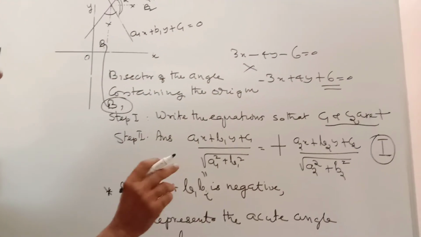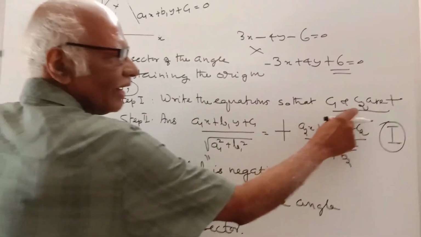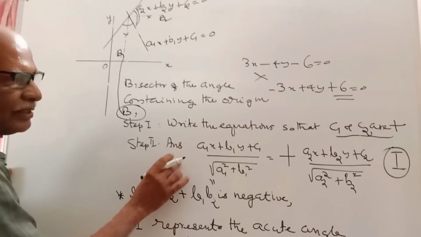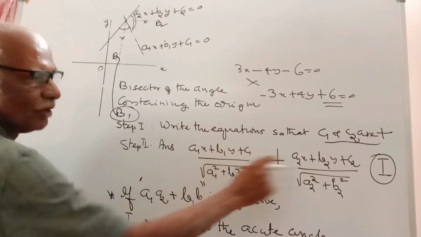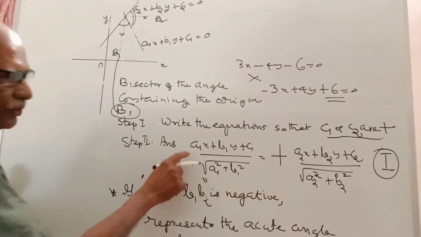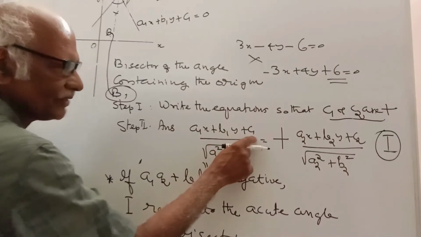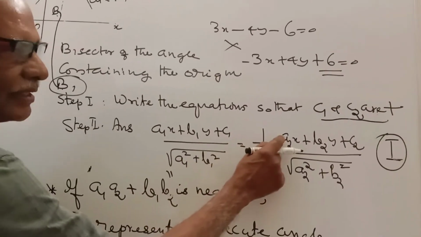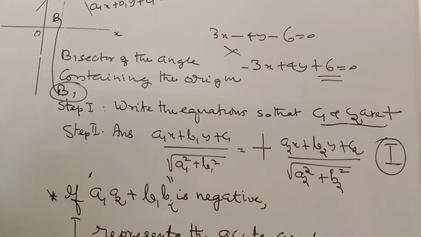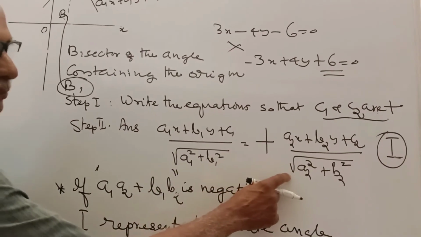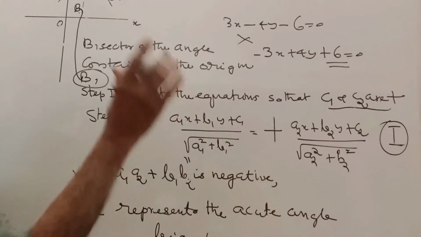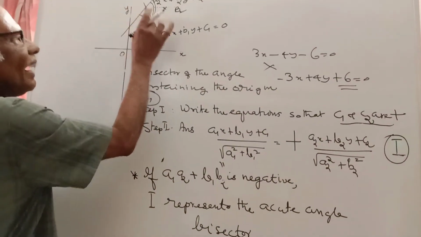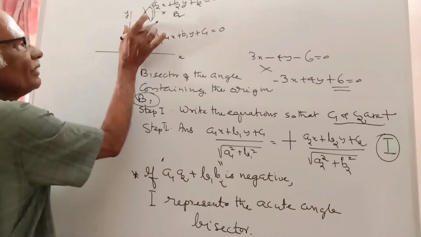We require the constant to be positive, so C1 and C2 are positive. Then step 2: the answer is the plus sign in the formula of bisectors. So a1x plus b1y plus c1 by root of a1 square plus b1 square equals plus a2x plus b2y plus c2 by root of a2 square plus b2 square. This is the formula for the bisector of the angle containing the origin.